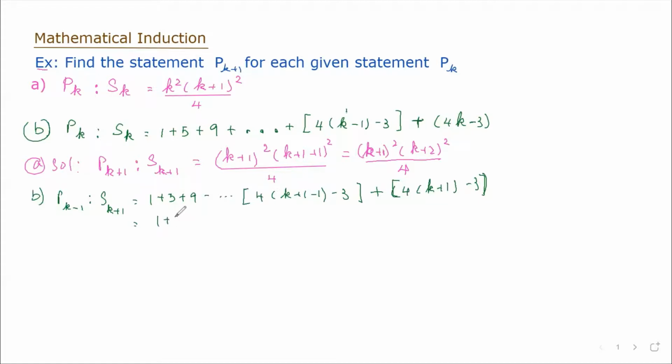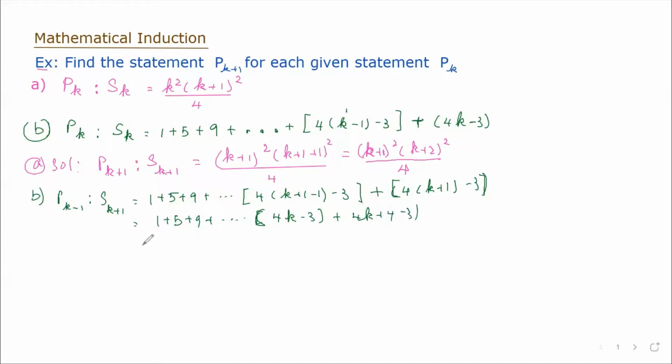1 plus 5 plus 9 plus dot dot dot, and then simplify it. This one becomes 4k minus 3. You can write a simple bracket, and this one is 4k plus 4 minus 3.